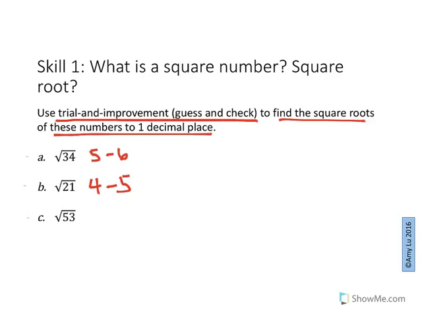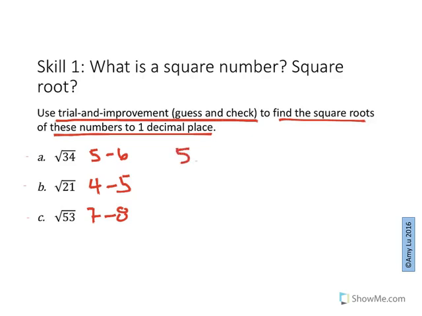And we knew that the answer for 53 had to be between 7 and 8. So now we need to try to find a number that would give us an answer close to 34 with a decimal.